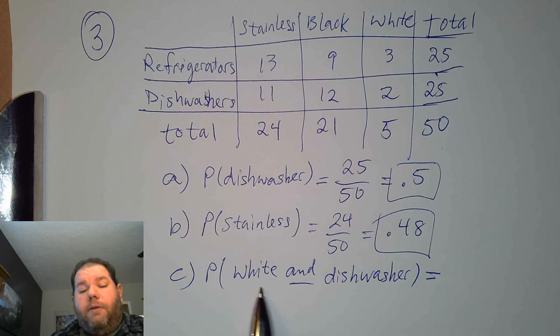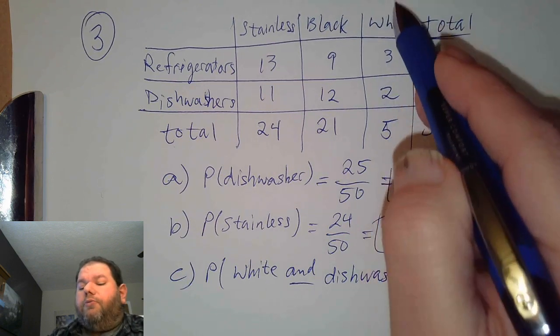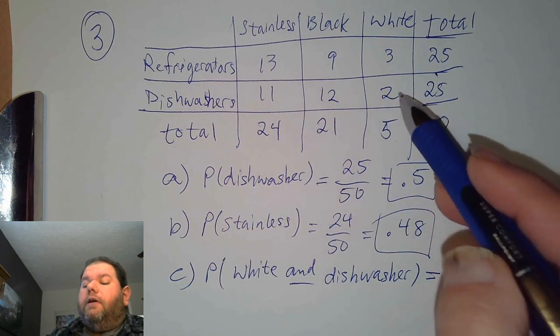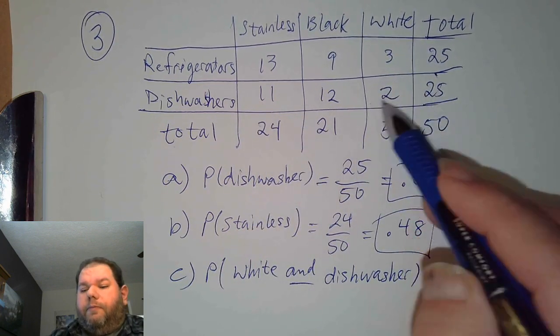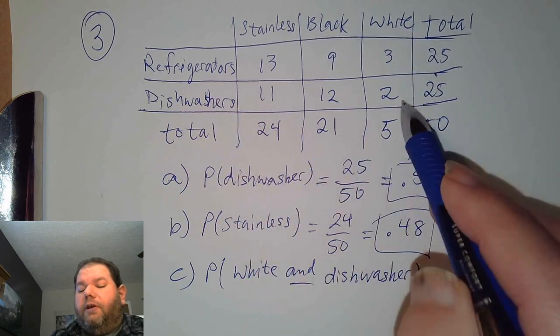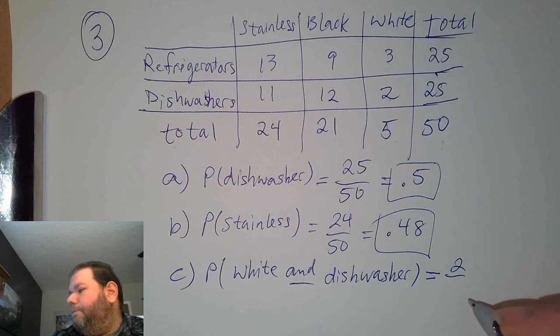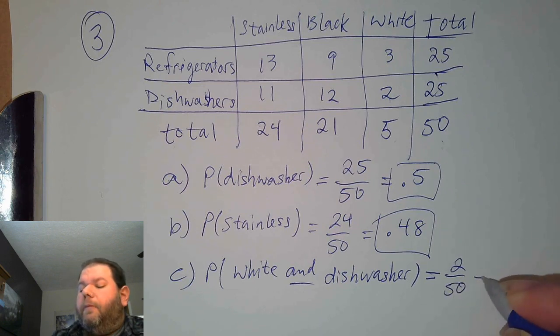Yeah, so it has to meet both requirements. So we look at our white colored appliances and our dishwasher appliances, and there's 2 of those that meet both requirements, and that's 2 out of 50. 0.04.